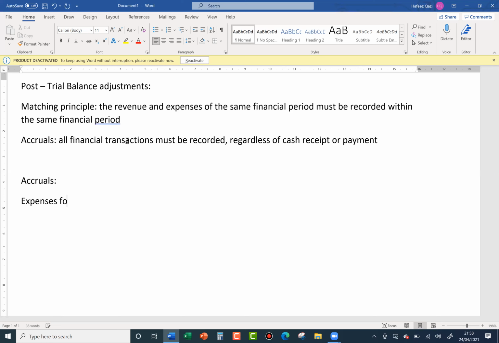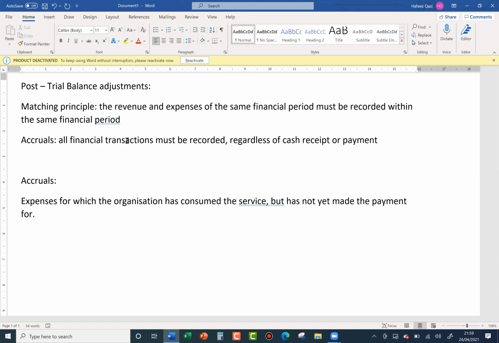Expenses for which the organization has consumed the service but has not yet made the payment. So they have consumed the service against that expense, but they haven't made the payment yet. The payment is still outstanding.